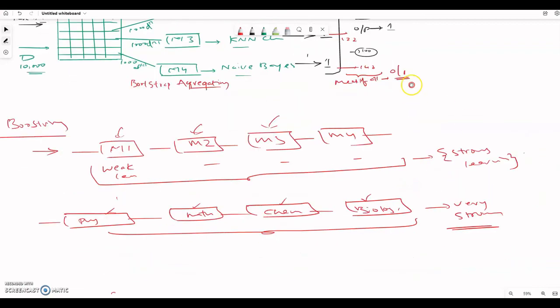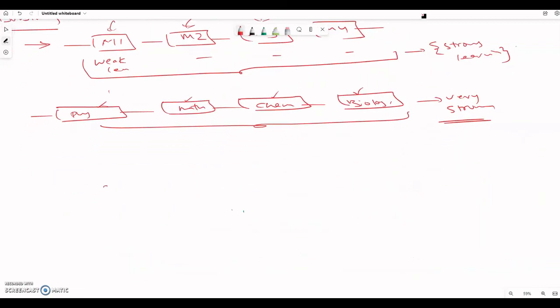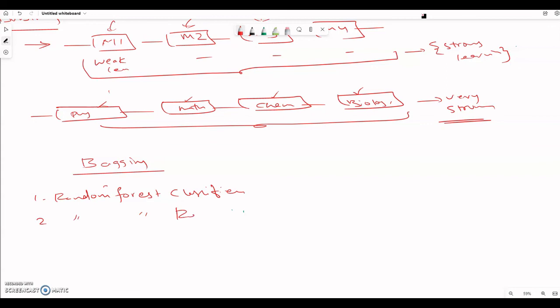Now we have classified bagging into two types. The first one is the random forest classifier, and the other one is random forest regression.